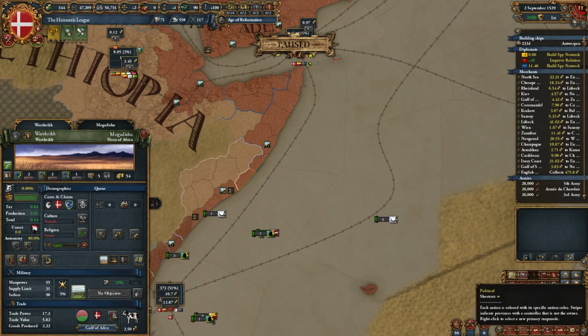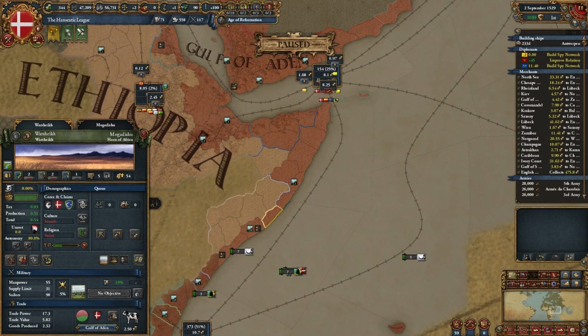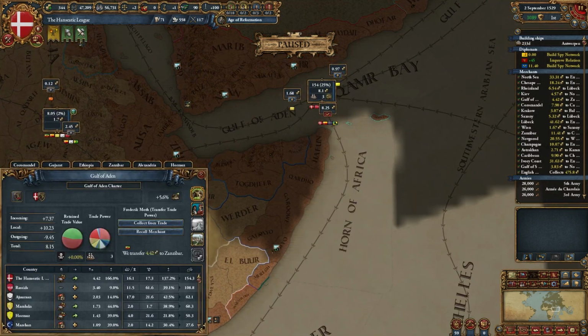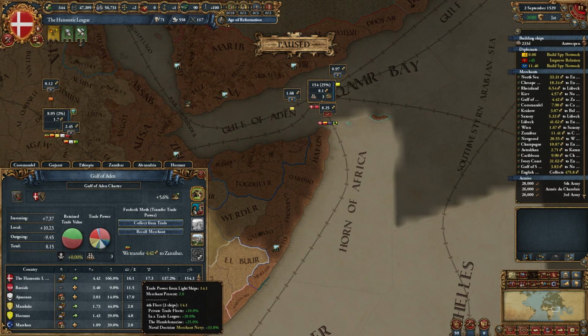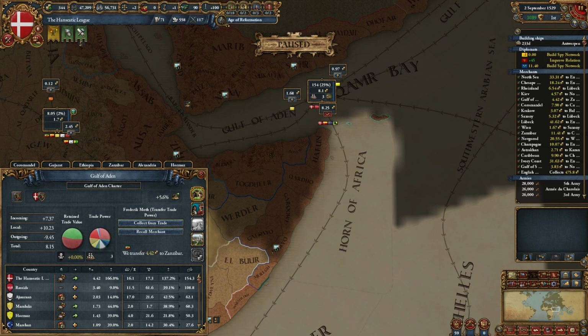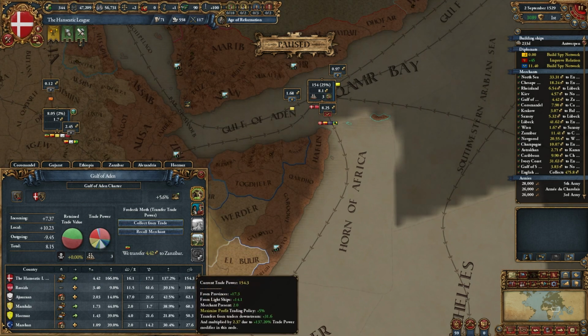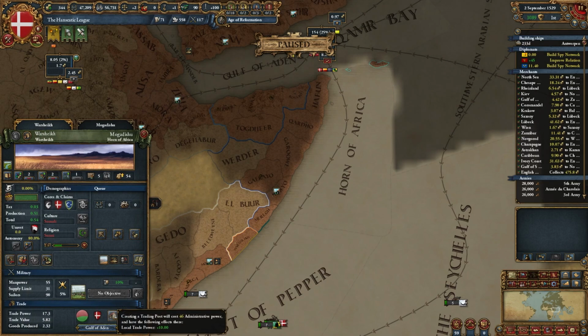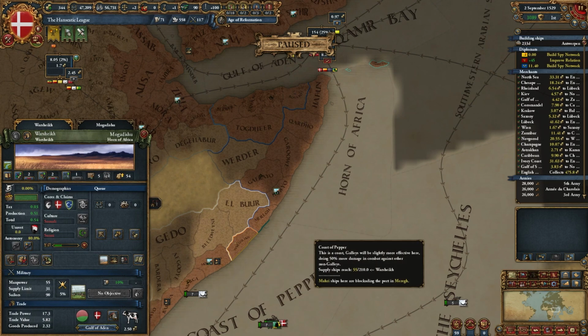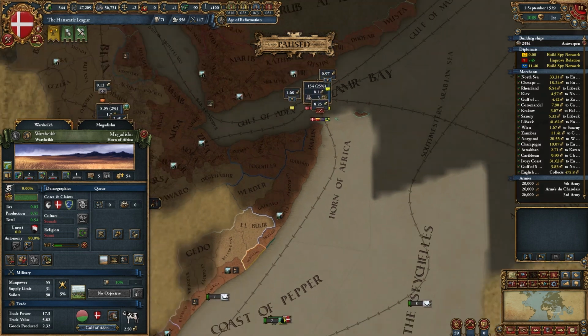But even though it is not a trade center, it's a 5 dev province in the trade node of Gulf of Aden, I still have 25%, which is obviously also because of the amount of light ships that I have over here. 16 trade power it is giving me. But if you see the province trade power over there, is 17. This one province has 17 trade power, and it hasn't even a trading post, which I'm going to do obviously next. But I had been a little bit low on admin points.